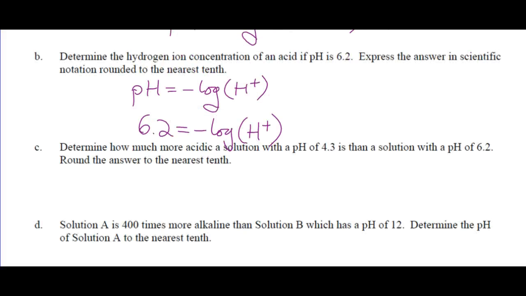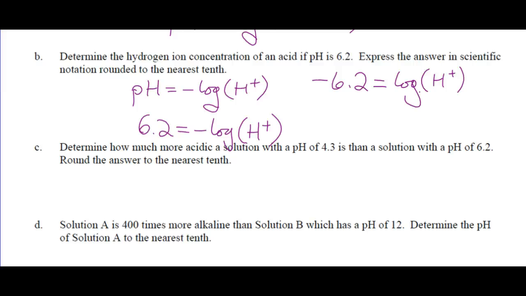Don't do silly stuff. It's like 3x is 48, and all of a sudden we're dividing by the 3. The thing you're trying to find has to be isolated. Isolate the H plus. It's still in the log, but we get rid of the negative. Now what's the base? 10, right?